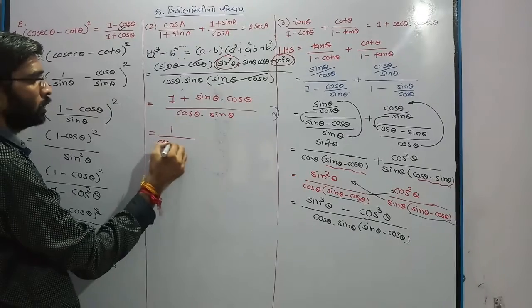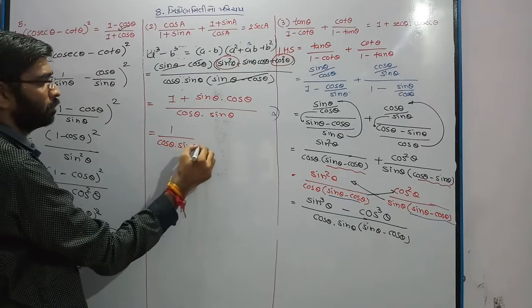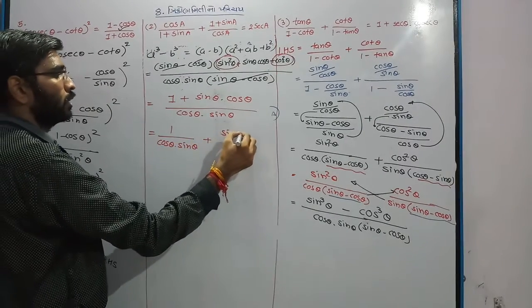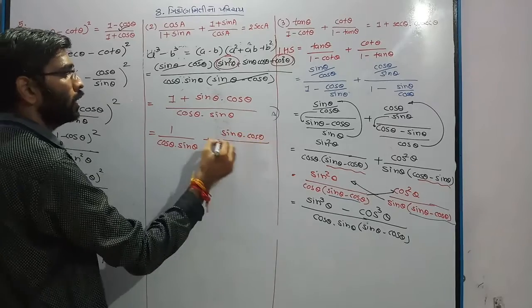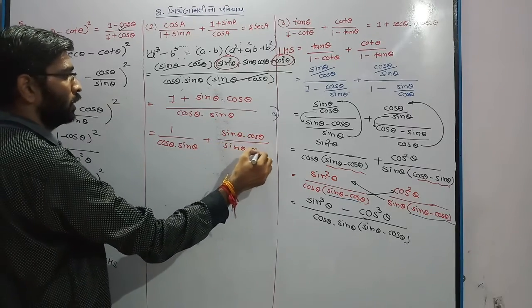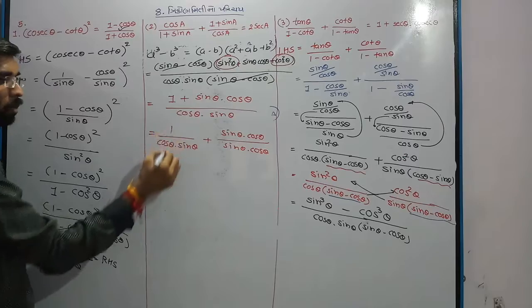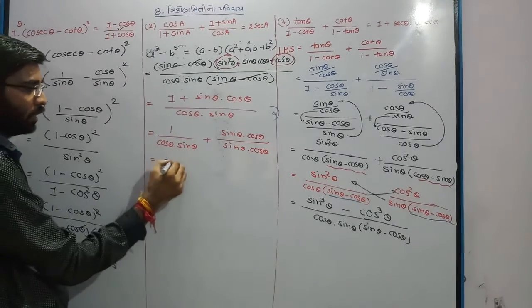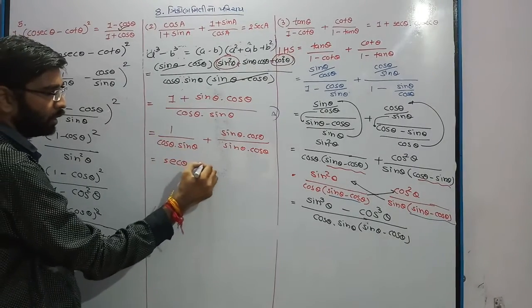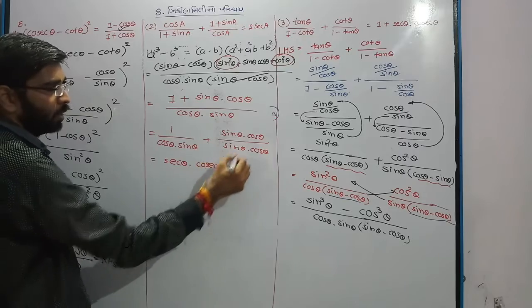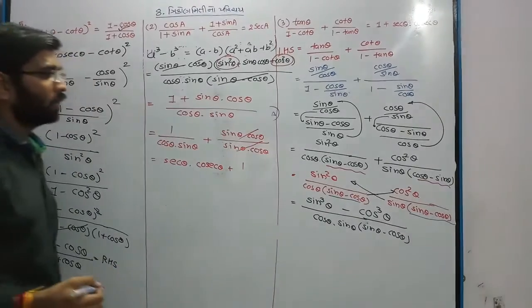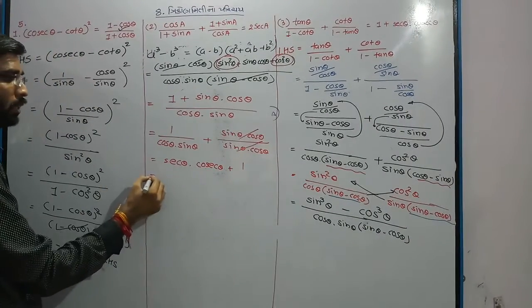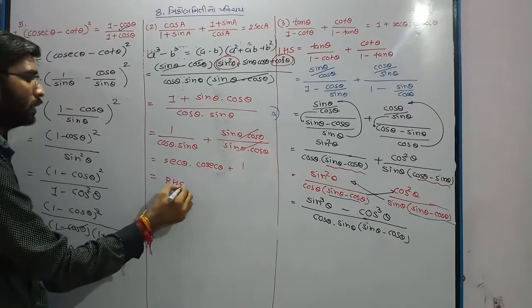That is 1 upon cos theta into sin theta, plus sin theta into cos theta upon sin theta into cos theta. 1 upon cos is sec, and 1 upon sin is cosec. The sin theta into cos theta cancel, so the answer is 1 plus sec theta into cosec theta, and it is the RHS.